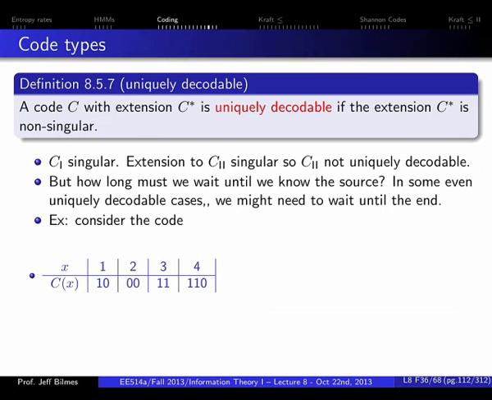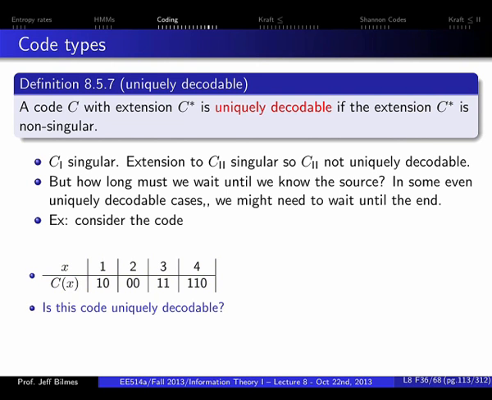So consider this code. We've got the source symbols and code words for each symbol. It's 1, 0, and 0, 0, 1, 1, and then 1, 1, 0. Okay, this is a funny code, right? And forget about the probabilities. So is this uniquely decodable? Well, it's non-singular, right?